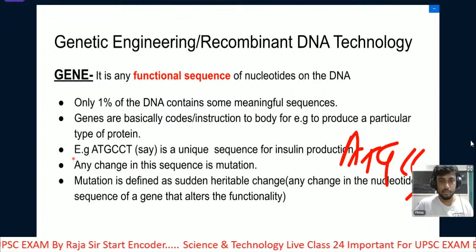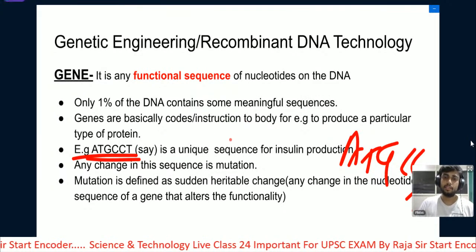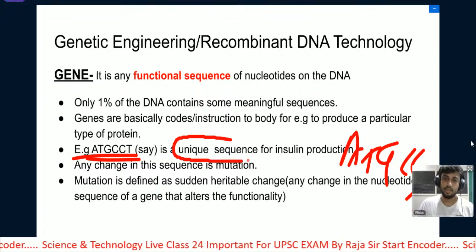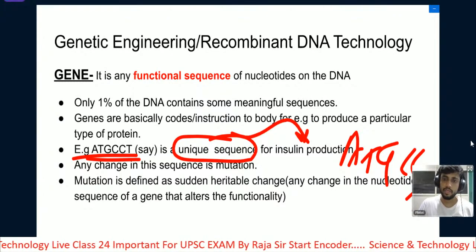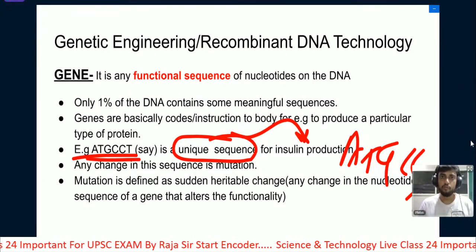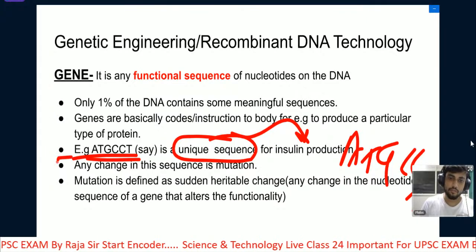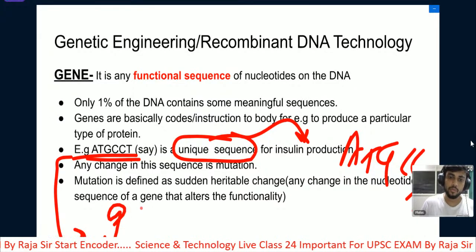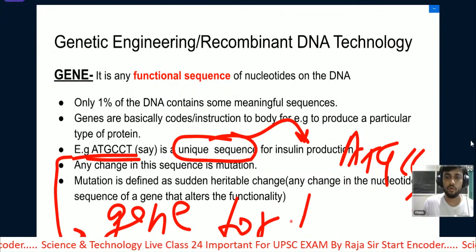Say this is a unique sequence, and it is responsible for producing insulin inside the body. So this particular sequence is the gene for insulin.